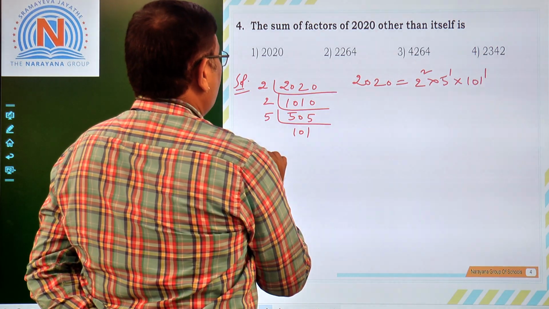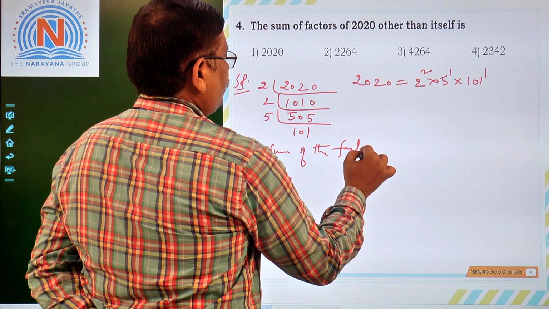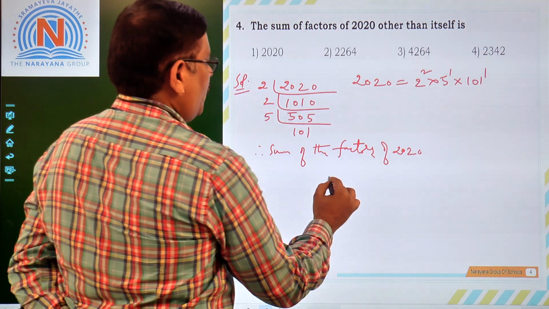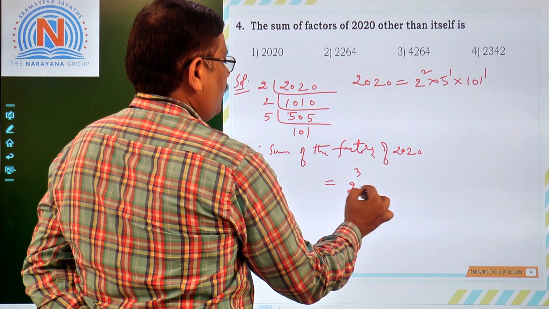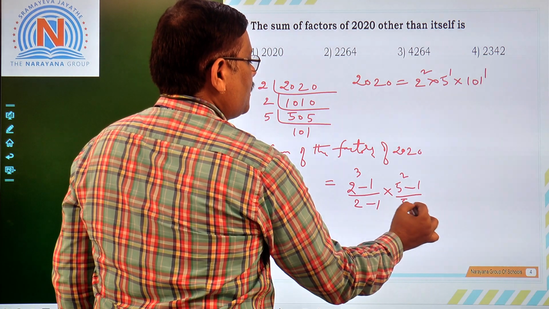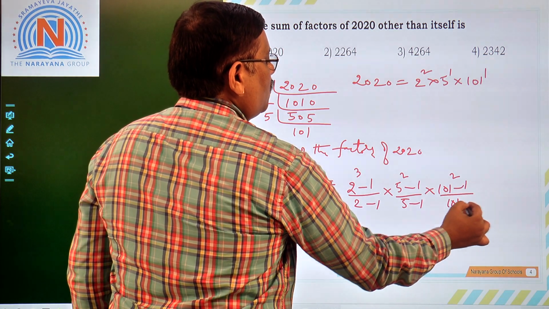So therefore, sum of the factors of 2020 is going to be (2 power 3 minus 1) by (2 minus 1) into (5 square minus 1) by (5 minus 1) into (101 square minus 1) by (101 minus 1).